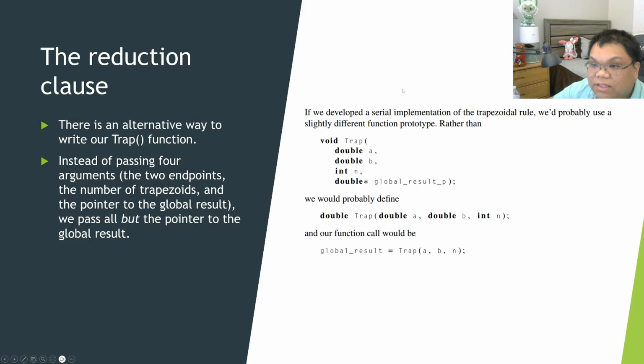So there is an alternative way to write our trap function. Instead of passing 4 arguments to the trap function, the 2 endpoints, the number of trapezoids, and the pointer to the global result, we pass everything but the pointer to the global result. So instead of double a, double b, and double n, and then a pointer to global result, we just have 3 variables, and we don't pass in the global result at all.